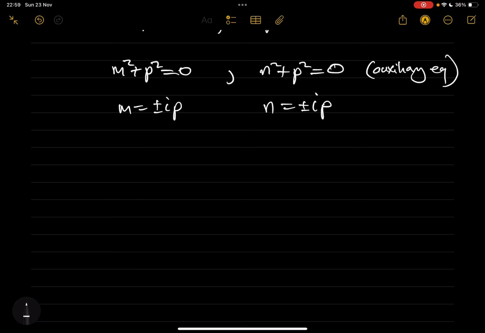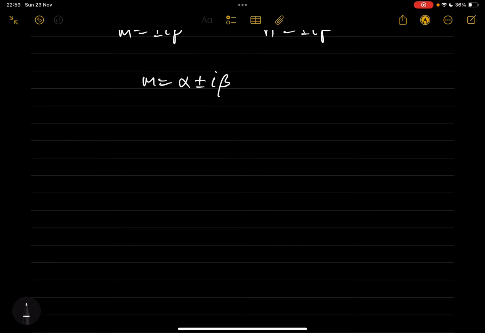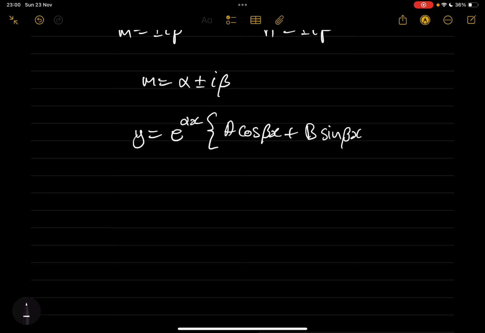Remember, if you're evaluating a second order differential equation with a complex number, where m is equal to alpha plus or minus i beta, then y is equal to e to the power alpha x, times (a cos beta x plus b sine beta x). If you have a complex number, this is your general solution.